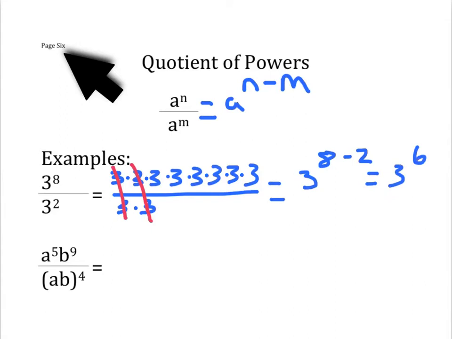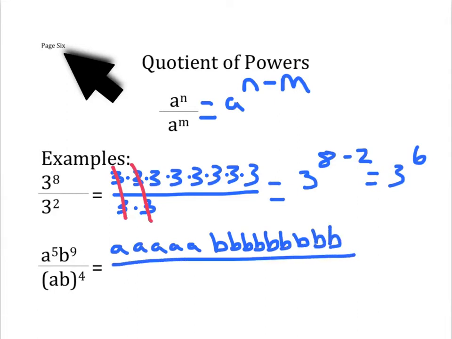So that's going to be the same thing when we have our variables. So if we have a to the 5th, b to the 9th, and then on the bottom we're going to have a to the 4th, and then b to the 4th.